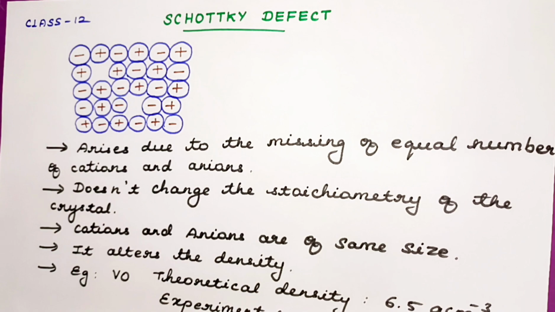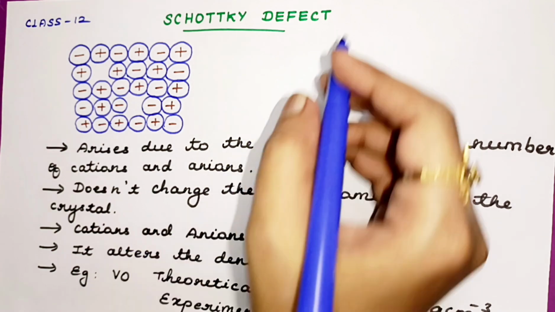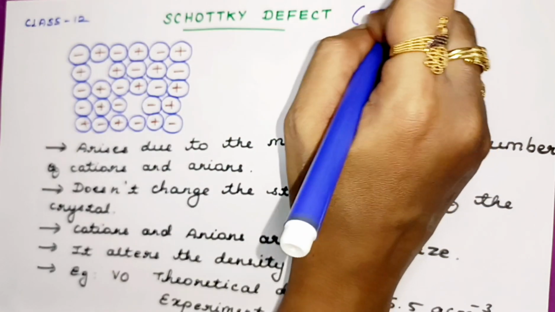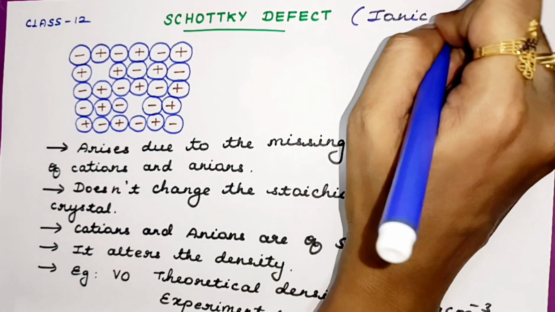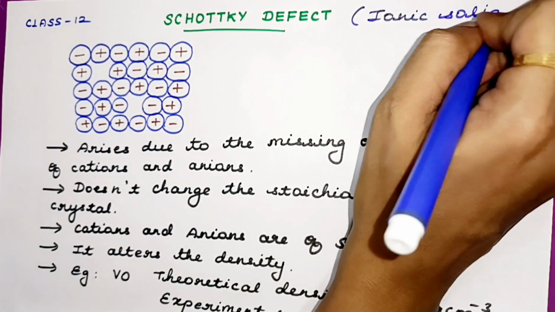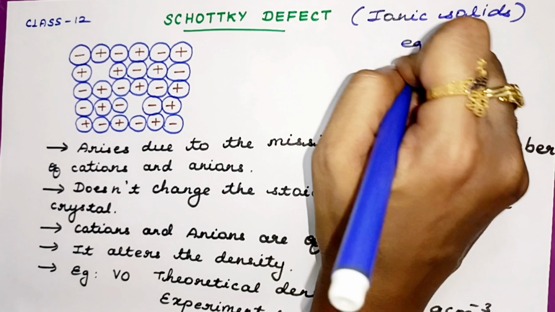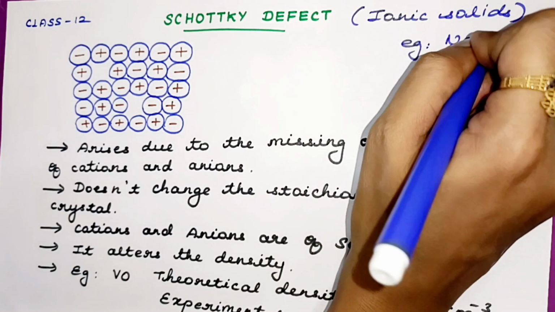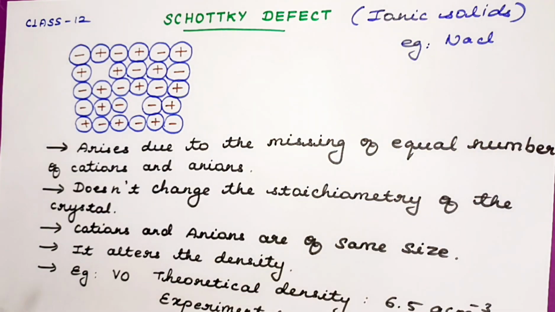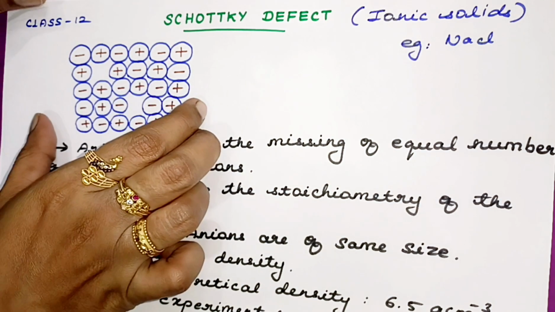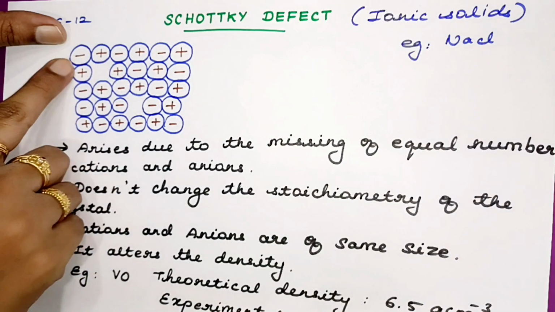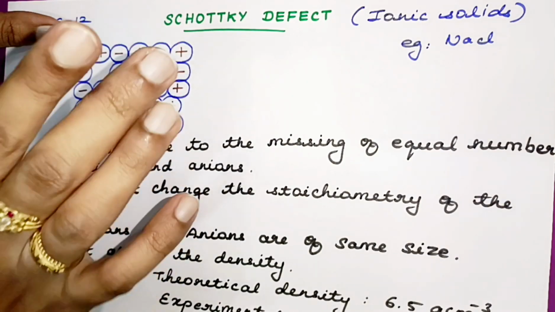Actually, this type of defect will happen most probably in ionic solids. For example, I am giving now sodium chloride. We have seen in numerous examples that sodium chloride is an ionic solid. This defect happens in a crystal lattice in which the cations and anions are of the same size.